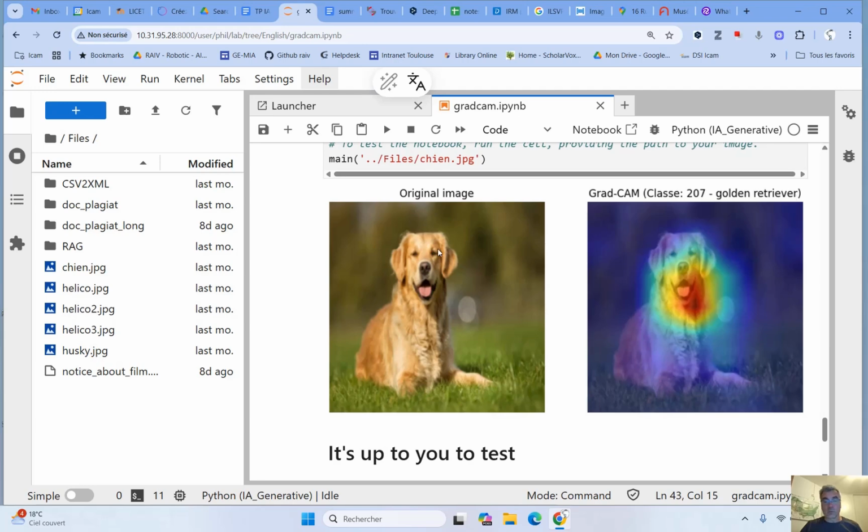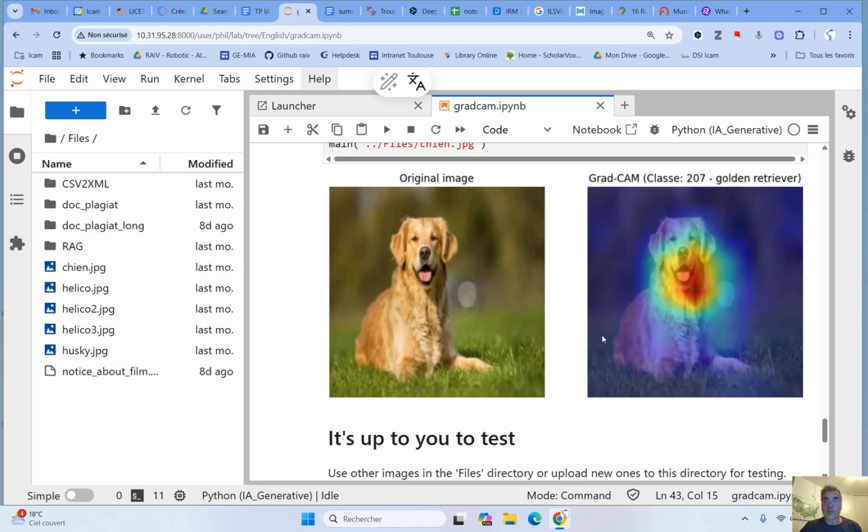which is a species of dog, and which corresponds to this dog. So the classification is perfectly right. The heat map shows us that the pixels which had the most important part in the decision to classify this image as a golden retriever are the pixels where we put a red color.